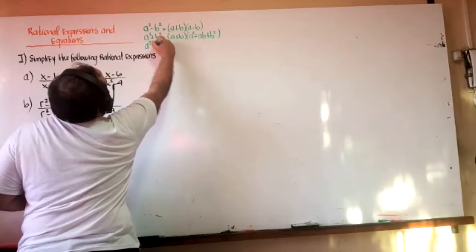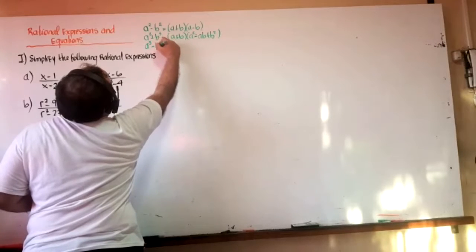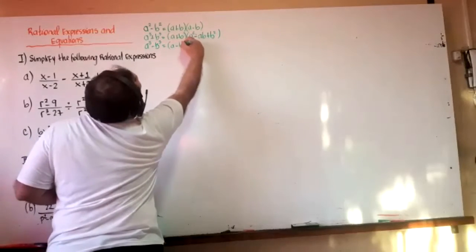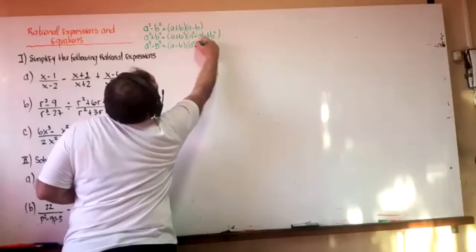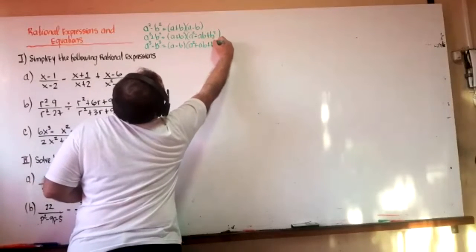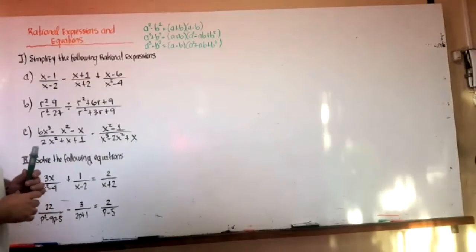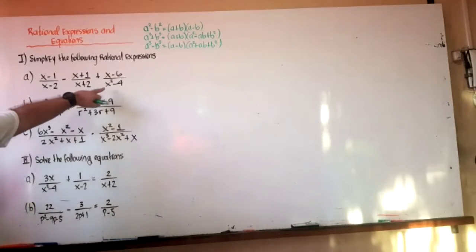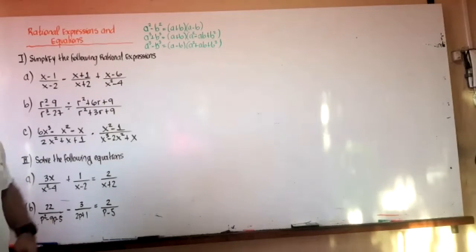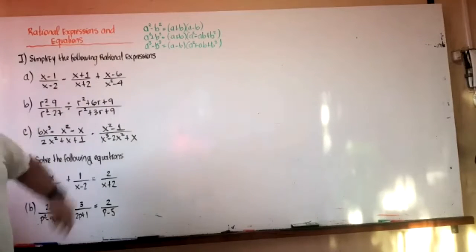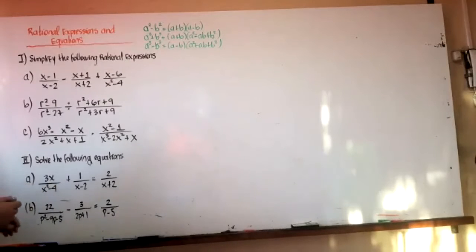And the last one, a cubed minus b cubed will be the same, but changing the positions of their signs. Okay, these are the three special formulas for factoring. This belongs to the first one. We have to take the square root of the number 4, that will be 2, and 2 to the second power. We're going to have the same behavior in this fraction.